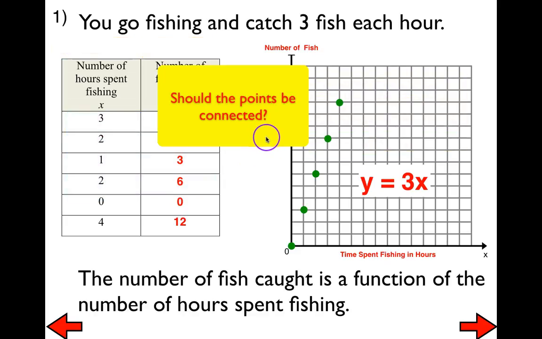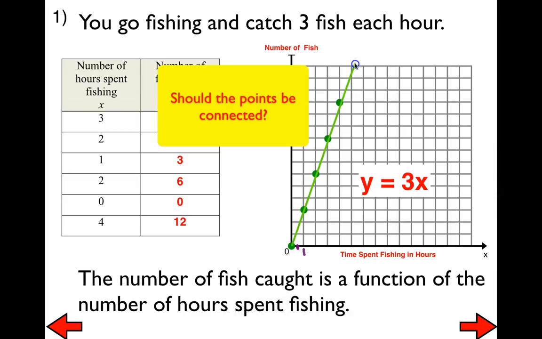Okay, so now the next question is, should I connect these points? Let's think. So I want you to think for a second here. If this is 1 hour, in between would be half an hour, right? So just to experiment for a second, I'm going to draw a line just to prove a point here.